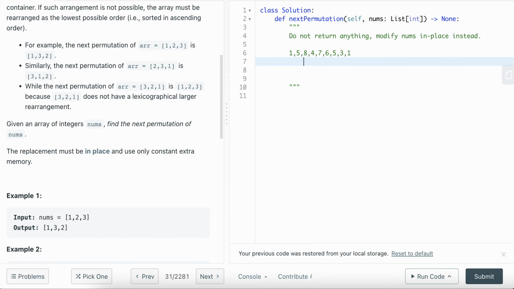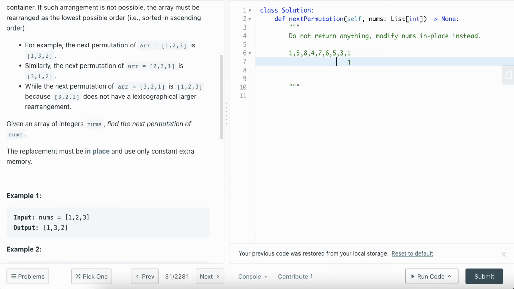Basically, the trick is that you have two indices, i and j, starting from the end of the array and going back. j is at the end, right? And then you want to continue to shift i until i minus 1 is not bigger than i, and then you stop right there.